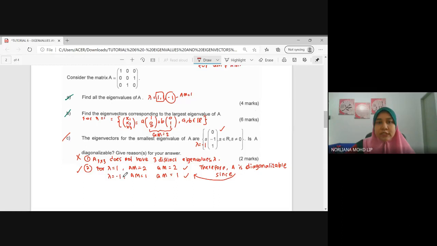Okay, awak check untuk setiap eigenvalues. Untuk lambda equal to 1, kita check dia punya eigenvalues. So AM dia refer kepada ni, nilai dia punya ni.